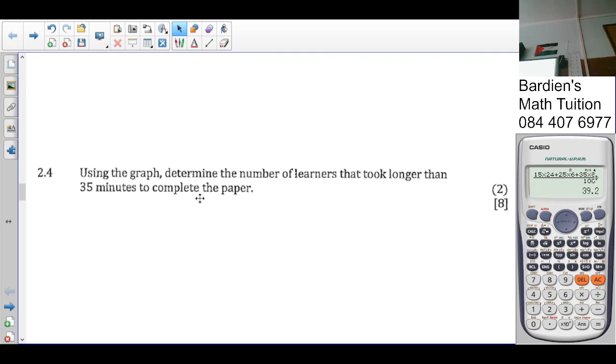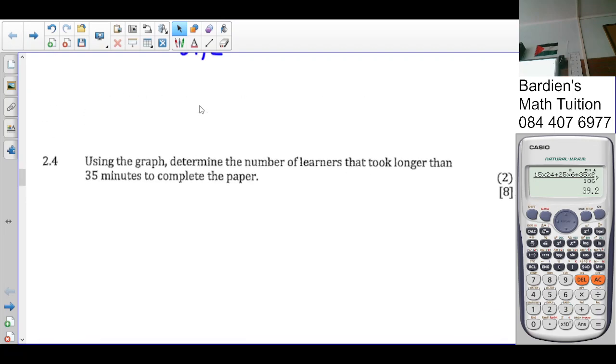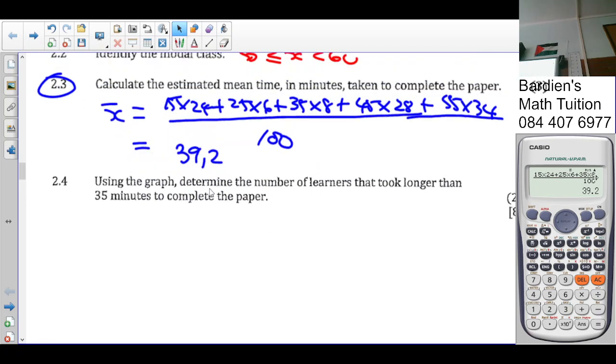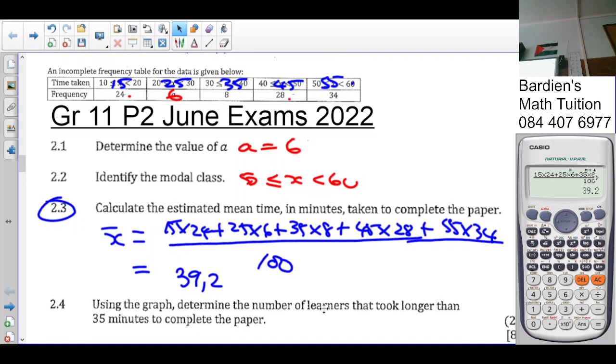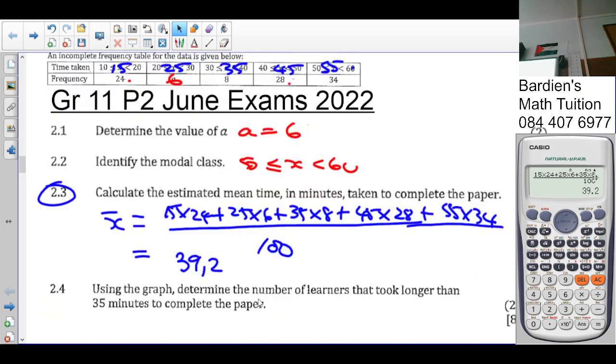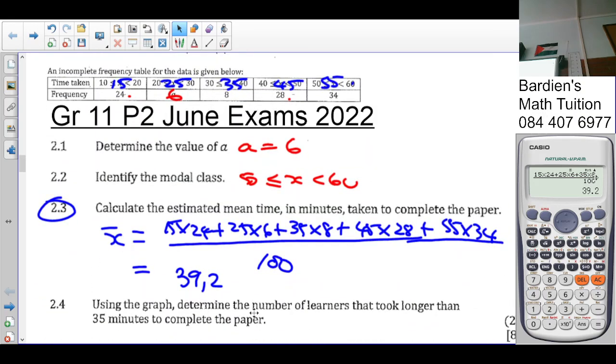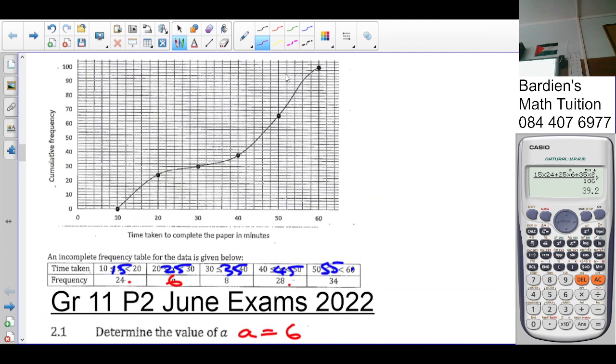Let's carry on. Then in 2.4, the question says use the graph to determine the number of learners that took longer than 35 minutes to complete the paper. We're looking at more than 35 minutes. So what we do is we go to 35 minutes on the graph.